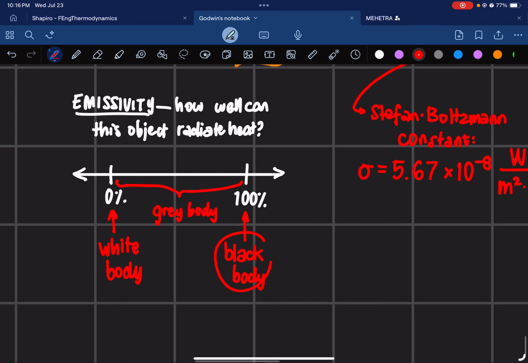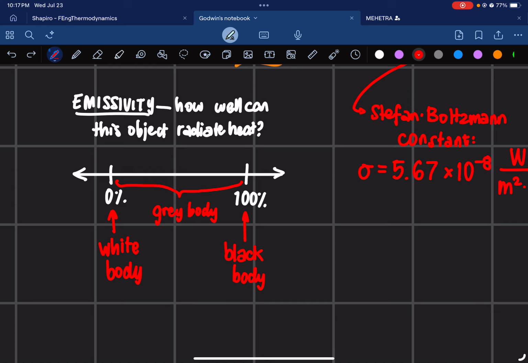This is why black does not just mean some arbitrary color. This is informed by actual science. For example, when you go outside and it is super hot, you will feel hotter if you're wearing black.